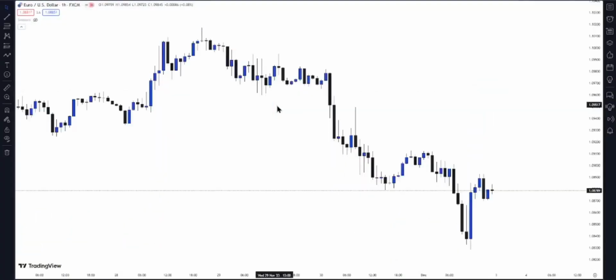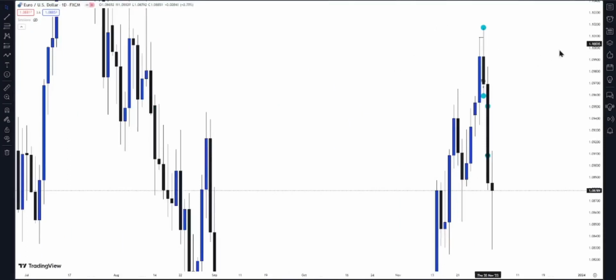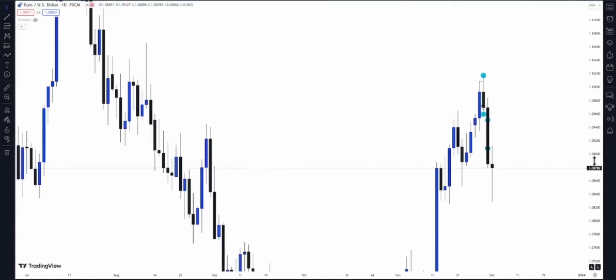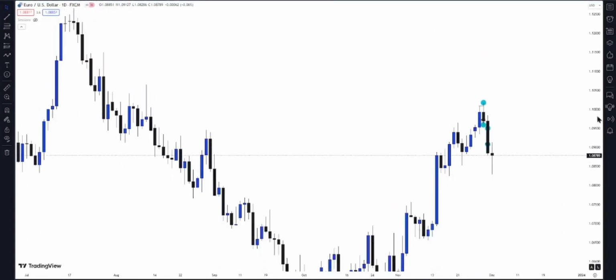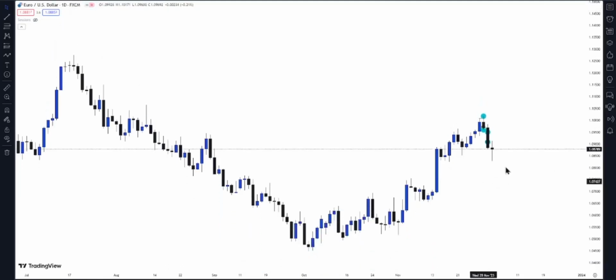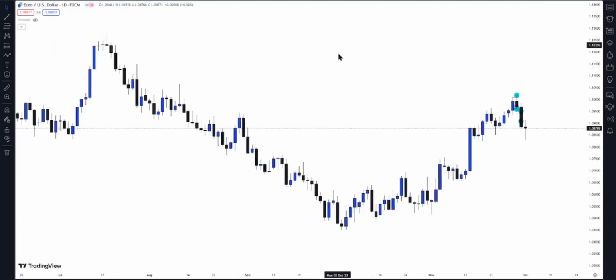First of all, we go to the daily time frame of EURUSD and see what is going on here. Now, on the daily time frame of EURUSD, this was what we said. We identify this as our high and this as our low. Let me just quickly identify that.